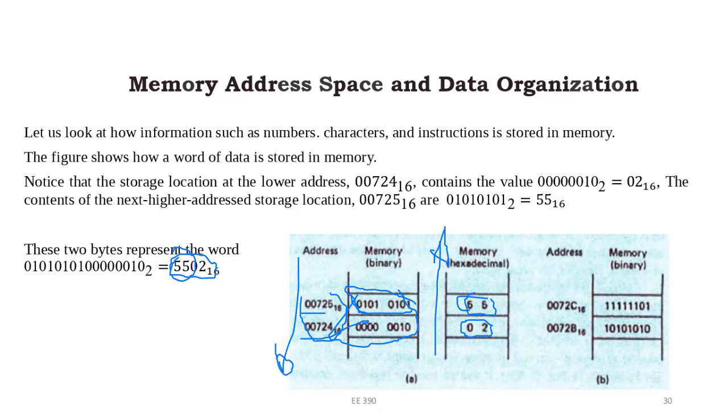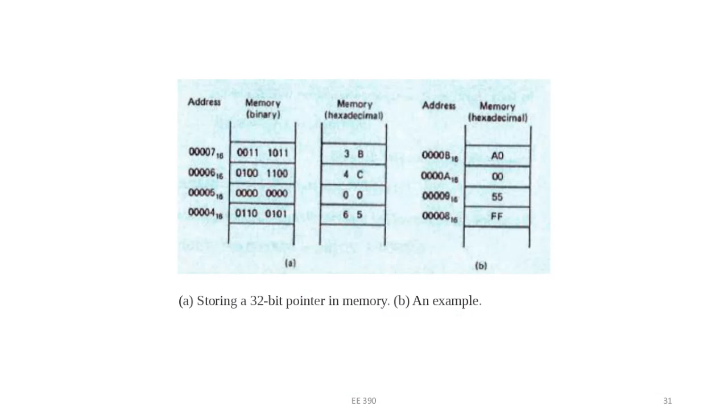Okay, and look here, there is another example. It's similar. These are very basic information, I think. For example, our number is a 32-bit number. How can we save it? It starts from this memory location 00004. The lower 8 bits, or lower byte, is here, then the next higher byte is here, then the next higher byte, and then the next higher byte.